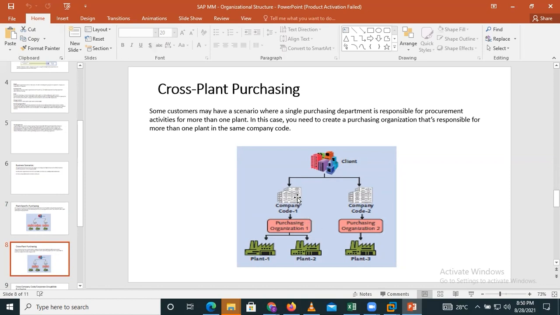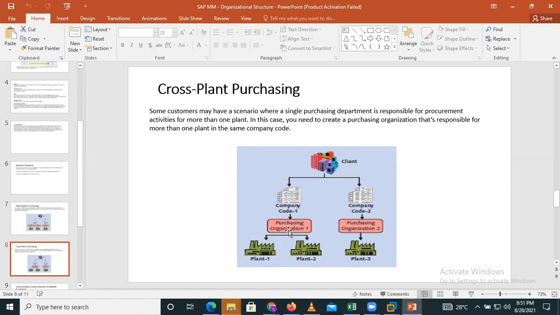Now, for Pune plant and Jamshedpur plant, we have only one purchasing department. We want only one purchasing department, which is based in Mumbai. So that Mumbai purchasing department will be responsible for all the purchasing activities of Pune plant as well as Jamshedpur plant. This is nothing but cross plant specific purchasing.